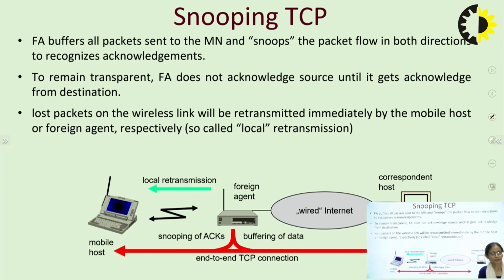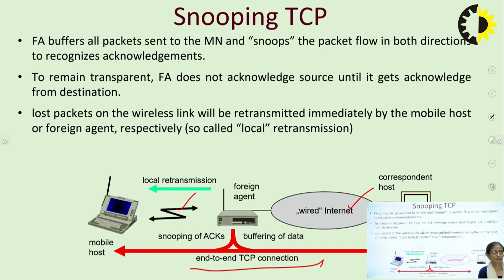That is, in the case of snooping TCP, what is happening? Here we have an end-to-end TCP connection. This is the wired environment and this is the wireless environment. So in this case, the packet is being transferred from the mobile host to the CN, that is your corresponding node, but the foreign agent is snooping the packets for the acknowledgement and it is keeping a buffer.